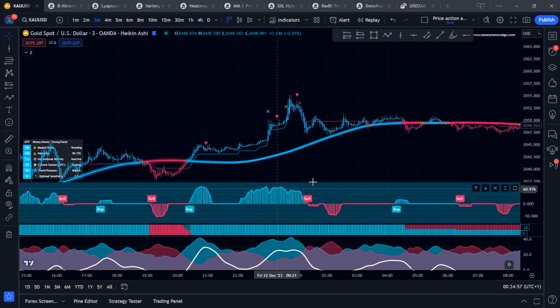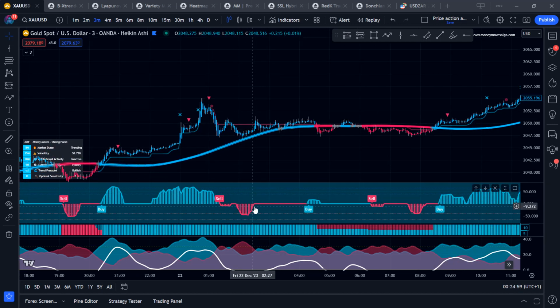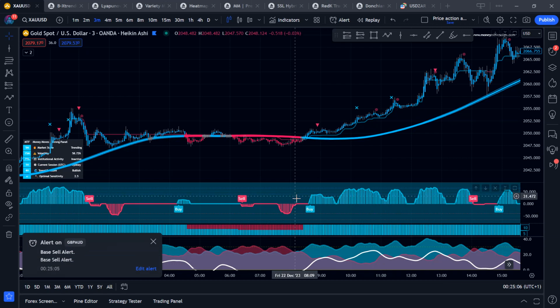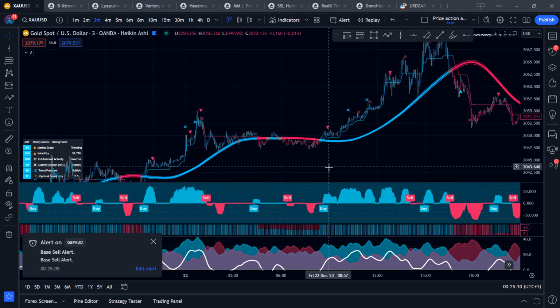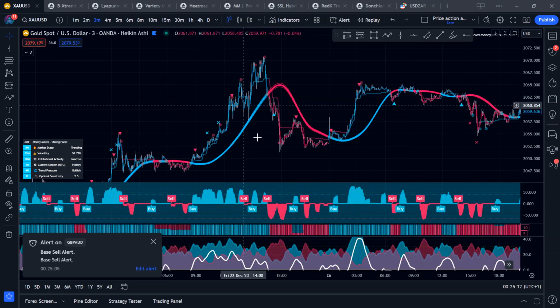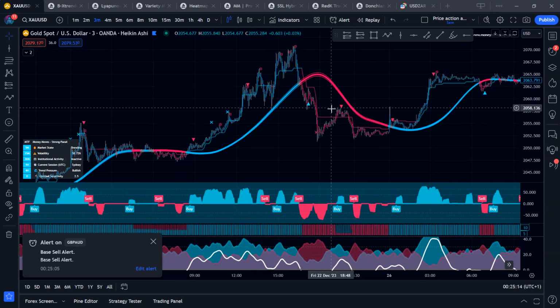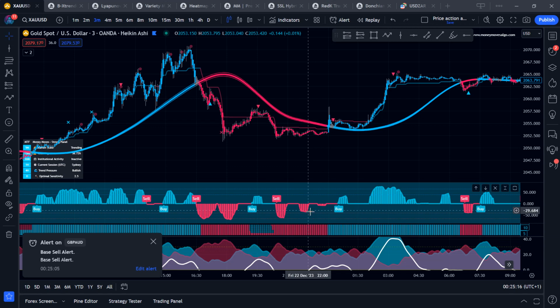Here we can see that it's flat, and it's flat all the way. Then we can be aware that maybe a reversal is coming if we were in a downtrend. This is a better example. Here it's flat, here it's flat. We get a buy signal, blue line, it's above.